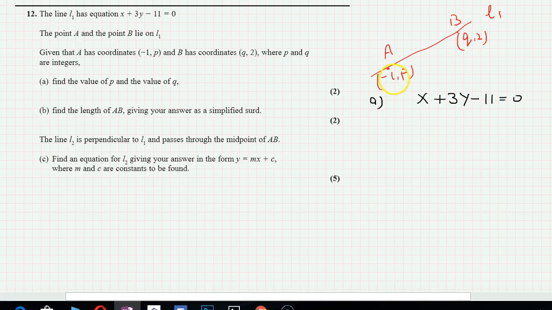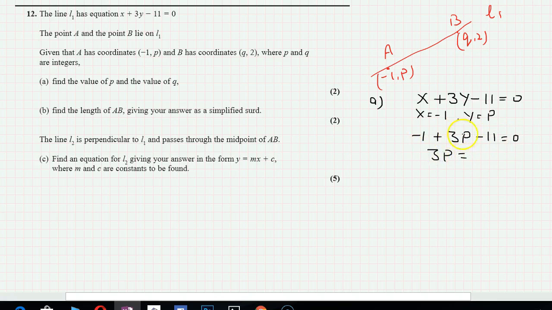Here x is equal to minus 1, so let's put x is equal to minus 1 and y is equal to p. So minus 1 plus 3p minus 11 is equal to 0.